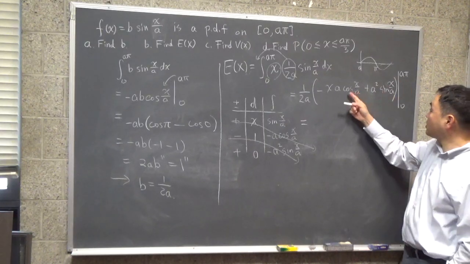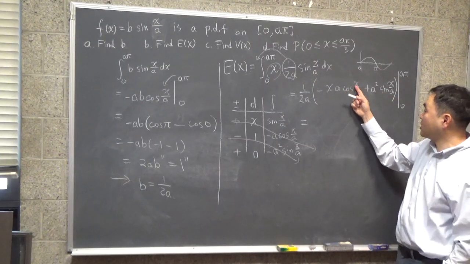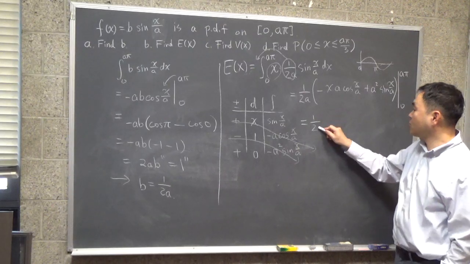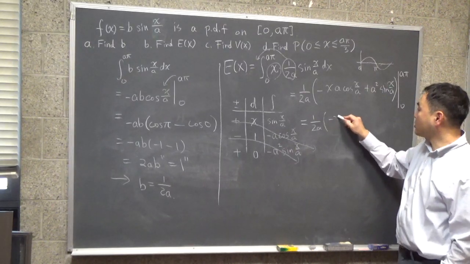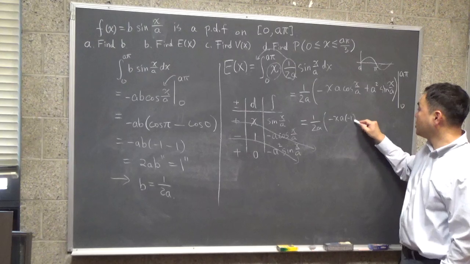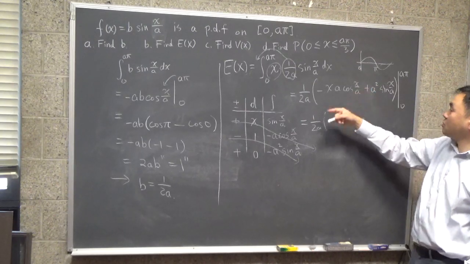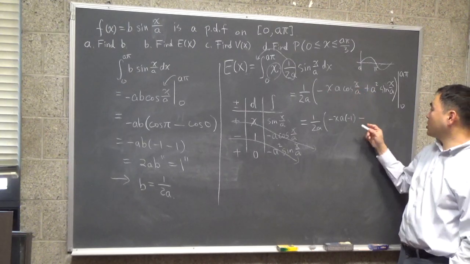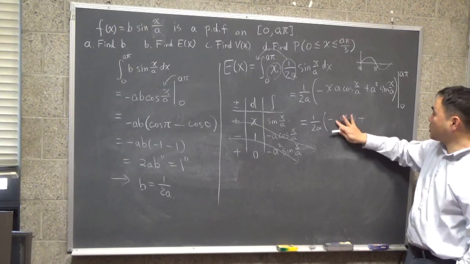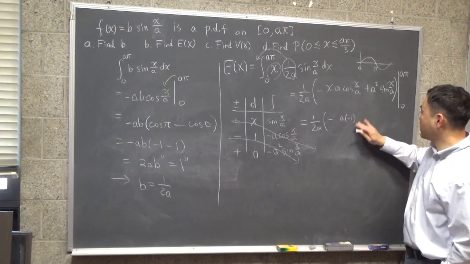When this is plugged in here, we just said that cosine pi is negative 1, so it's going to give us negative xa times negative 1, minus, when you plug in 0, it will be plus 1, but minus will be plus. Oh, this x should also be, oh, right.